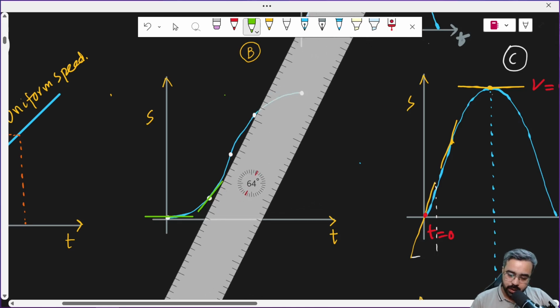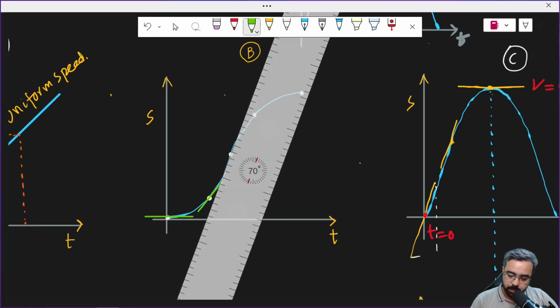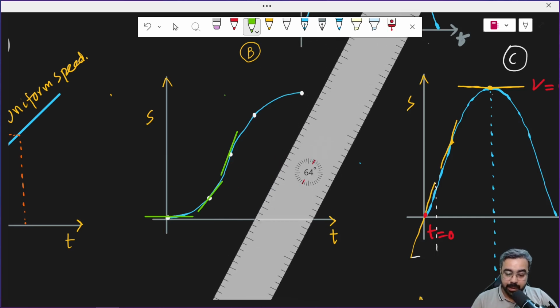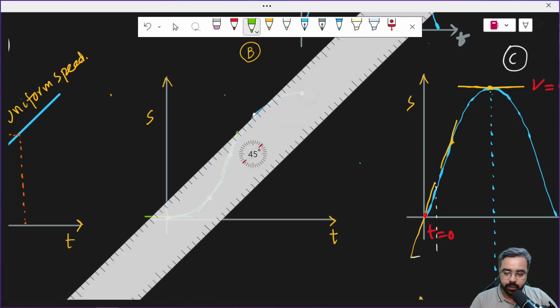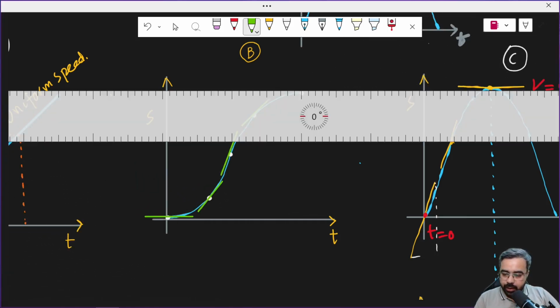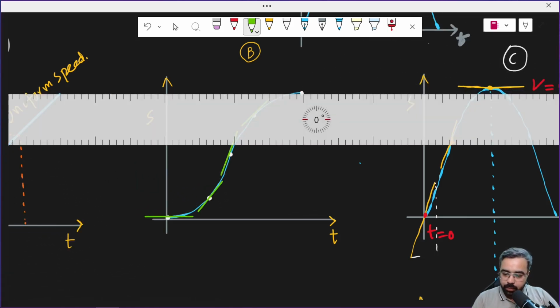Do you see in the start at time t equals zero, the speed is zero, right? And then the speed is increasing, and exactly at this point where I'm drawing the tangent line is the speed maximum. After that, speed is positively decreasing, or the velocity is positively decreasing. Speed is always positive. So ultimately, at that point your speed is once again zero.